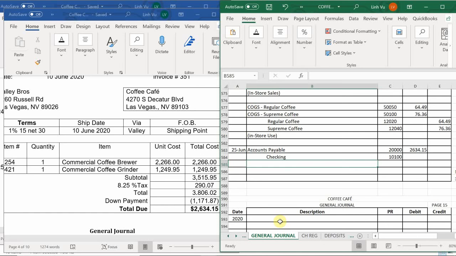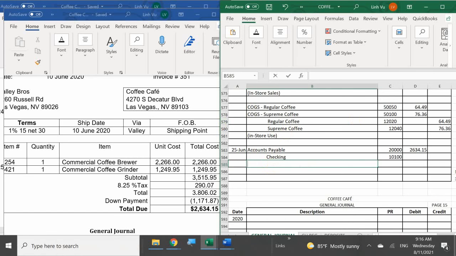We paid $22.66 less than the original amount. We need to put that in our books because we didn't originally purchase it at the full amount. We purchased it at the discounted amount. So we're going to take it directly out from my coffee brewer account and my coffee grinder account.